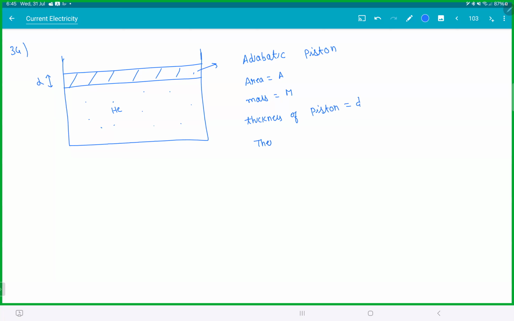Thermal conductivity is K. Outside the pressure is P naught, temperature is T naught. You connected a heater here.